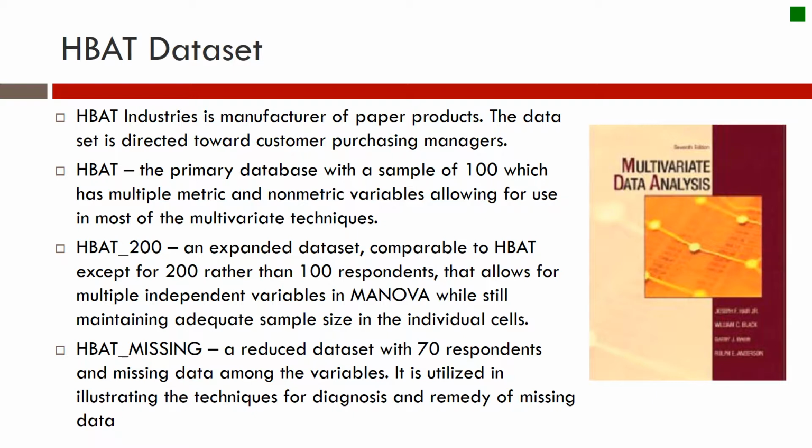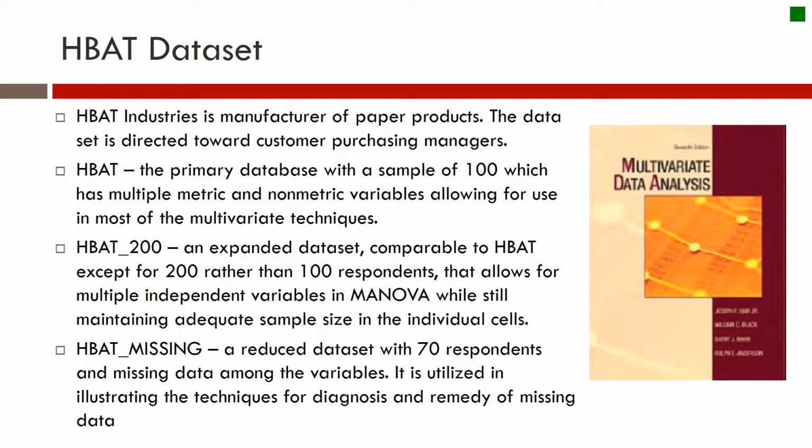The primary data set has a sample size of 100. So there are a number of different analyses we can do with that one data set. The HBAT 200 is an expanded data set, which instead of 100 respondents has 200 respondents.